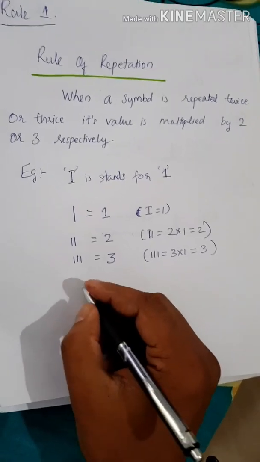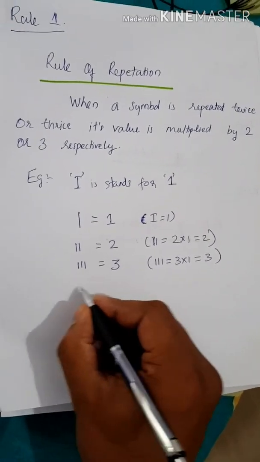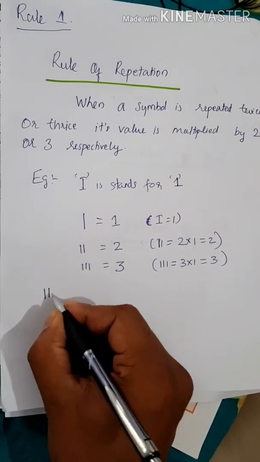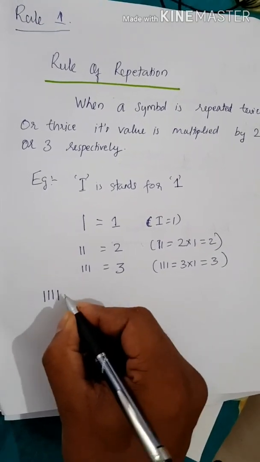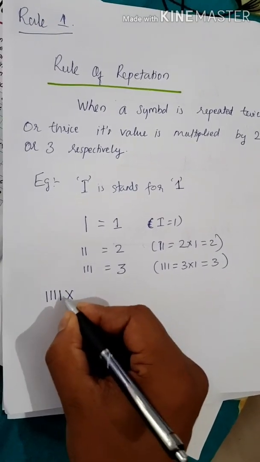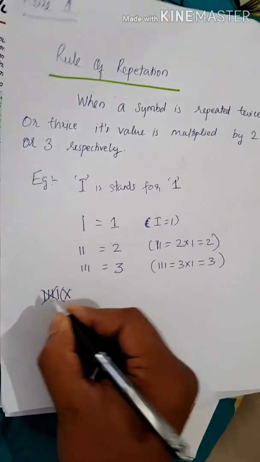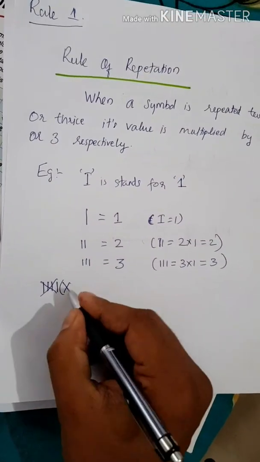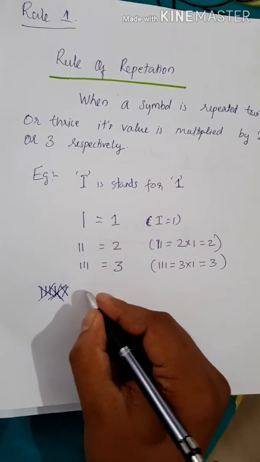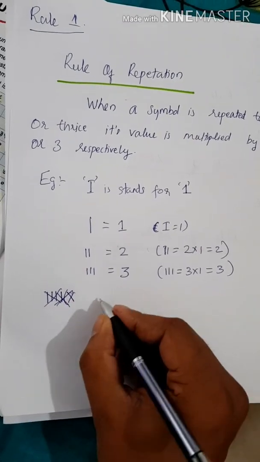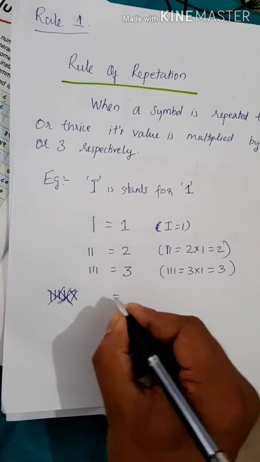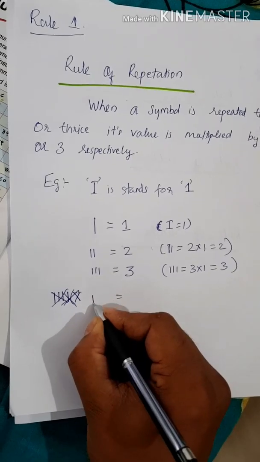And 4. We cannot write IIII. This is wrong. Understood? This is wrong. We can write 4 like this. 4 means IV.